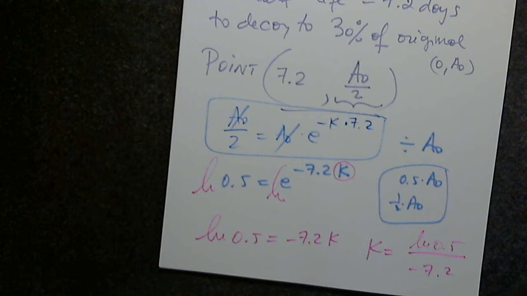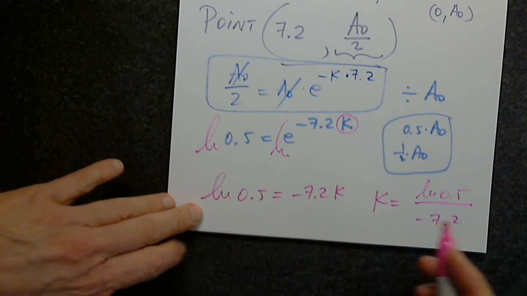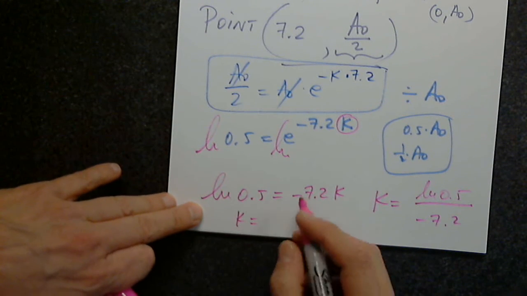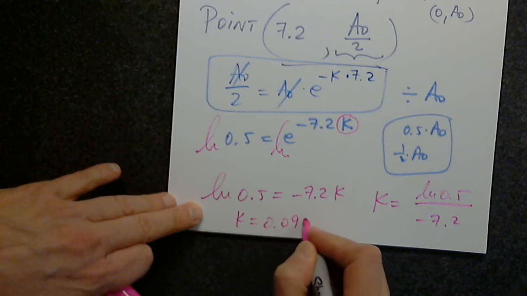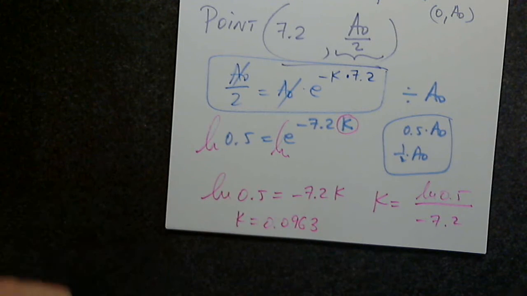And when you start with a negative sign, you have to use the negative. Very good. So the radioactive decay rate is 0.0963. Normally 4 digits are required.